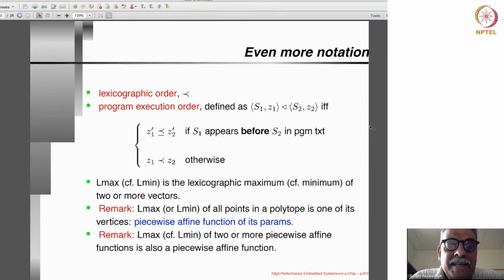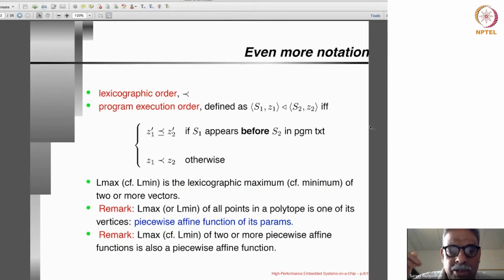The next thing is the lexicographic max or min of two or more vectors is the one that happens later, essentially. That's why we want to use a lexicographic max or min. The lexicographic max or min of all points in a polytope is one of its vertices. Again, if this is not intuitively obvious, think about it a little bit offline. For now, just take it on faith.